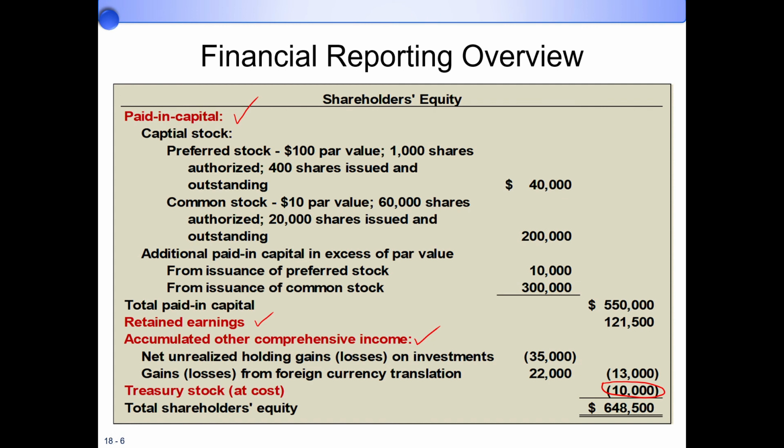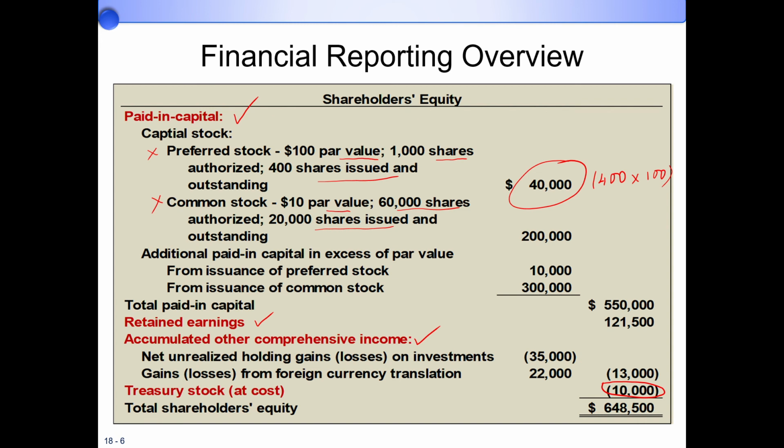It tells us for each stock the par value, how many shares are authorized, and how many shares are issued. This 40,000 is the total par value for the preferred stock, because 400 shares are issued and outstanding, and each share is $100 par value. So 400 times 100 is 40,000.